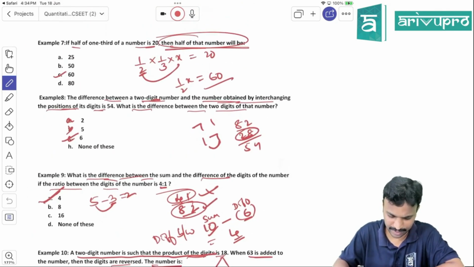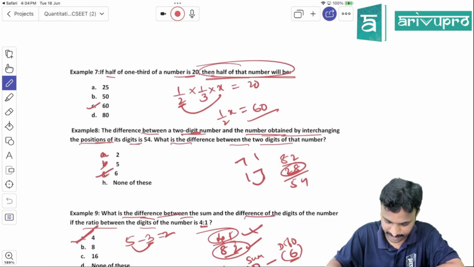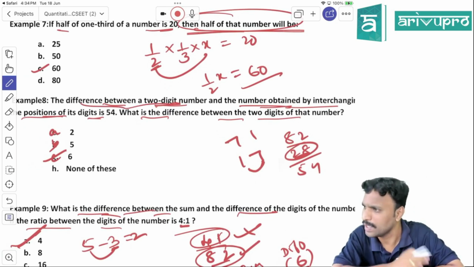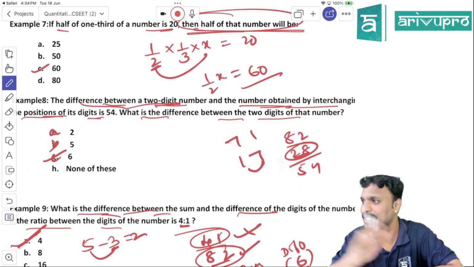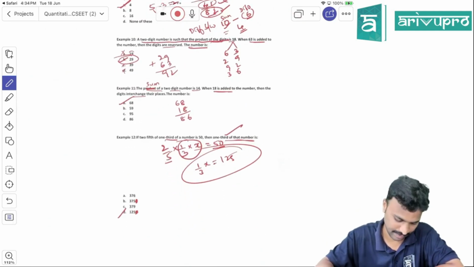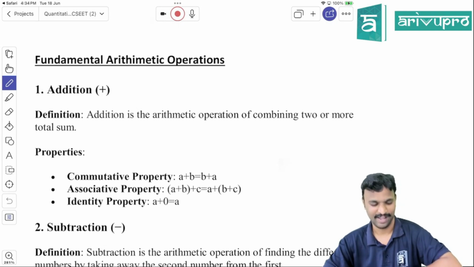Where you felt a little difficult, I would say maybe understanding these kinds of questions. If you have understood that, then decimals and fractions are very easy. Clear?